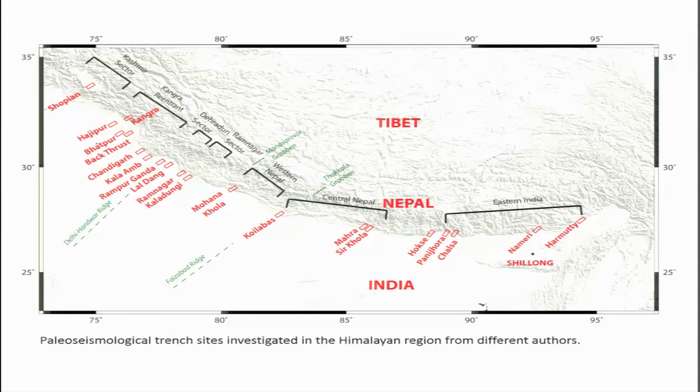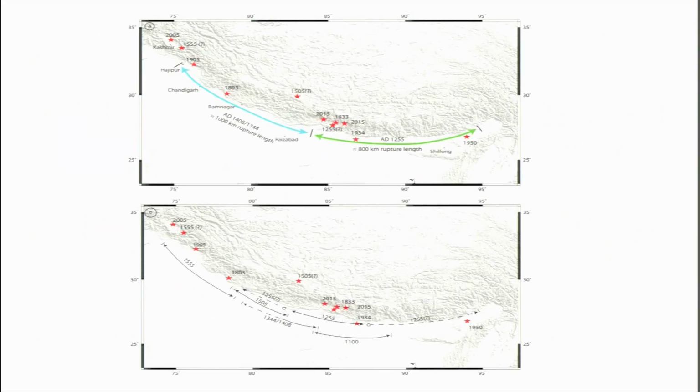So these are the locations which have been listed here, the location of the trenches, and then what we observed and inferred was that there could be two scenarios.